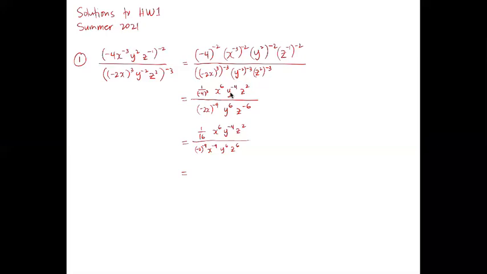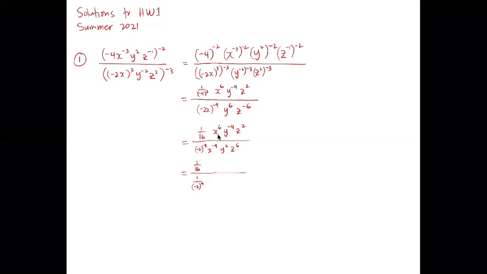And then we combine like terms. So first you have this negative 2 raised to negative 9. You can rewrite it as 1 over negative 2 raised to positive 9.